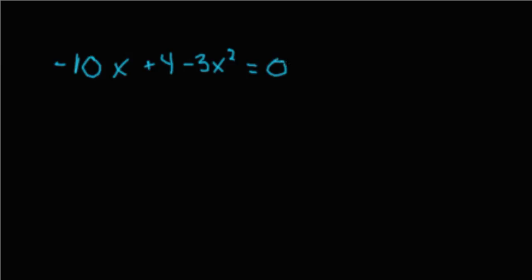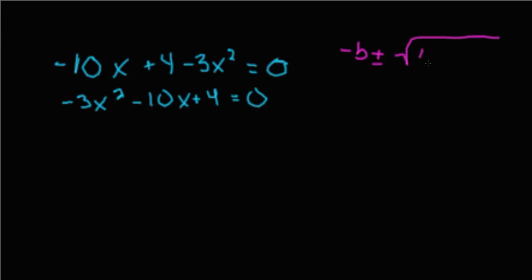Now just for simplicity and to be consistent, we'll rearrange this as negative 3x squared minus 10x plus 4 equals 0. So we can come back and use our quadratic formula, and we'll write it up here again as a reminder so we don't run out of room. Negative b plus or minus the square root of b squared minus 4ac all over 2a.